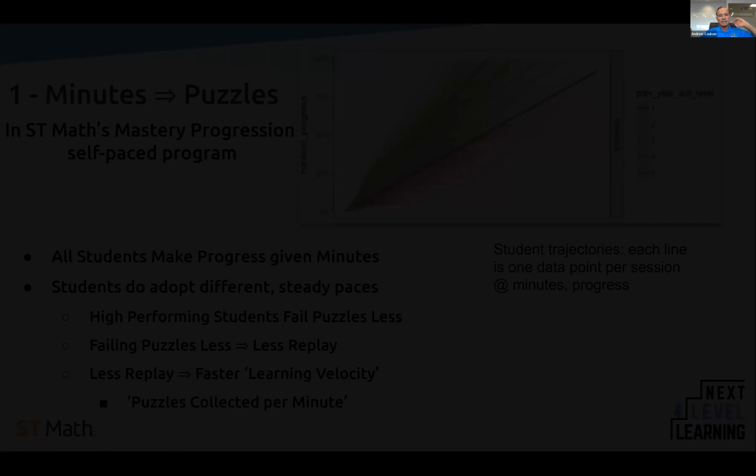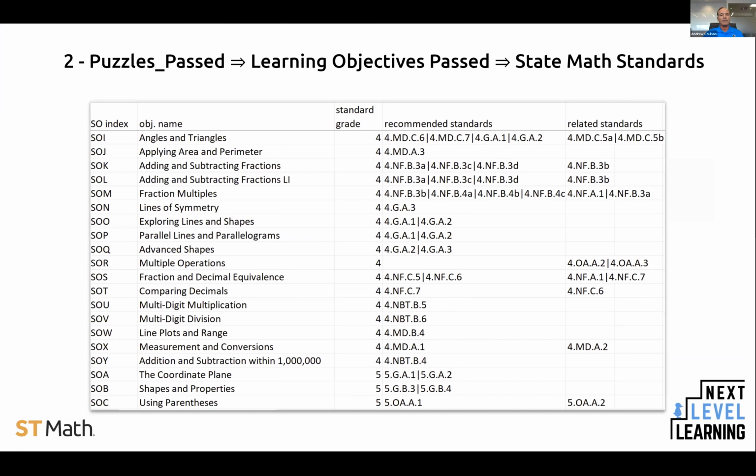Second is a lot simpler, just a reminder that every time they pass and collect puzzles, they're passing a level, and levels add up to games, and games add up to learning objectives. So you just keep collecting those puzzles, and eventually you've completed a whole learning objective. And the objectives have objective names, but they're also aligned to standards. So it's important to think that as you're collecting puzzles, you're not just getting what I used to call the homogeneous smush of good penguin content.